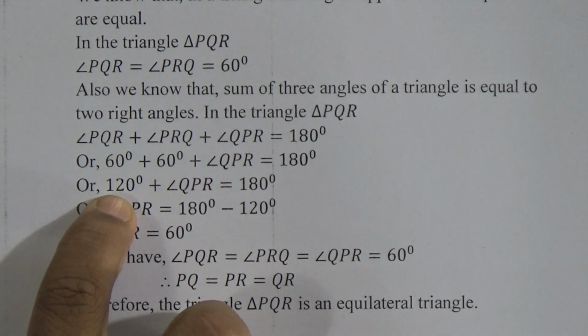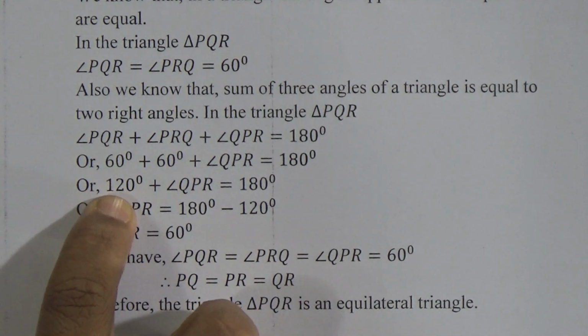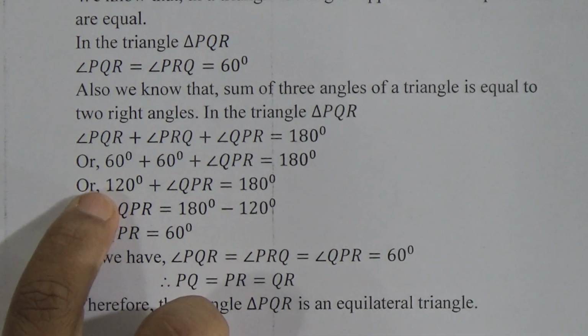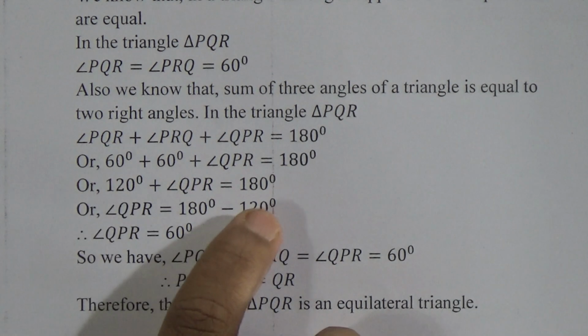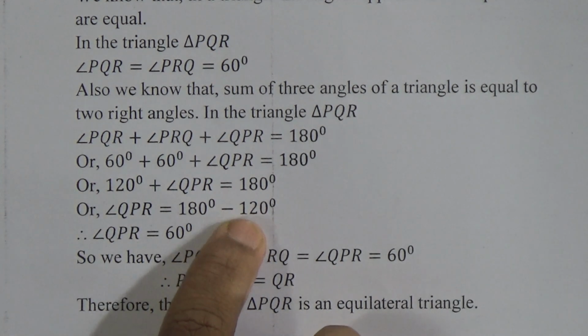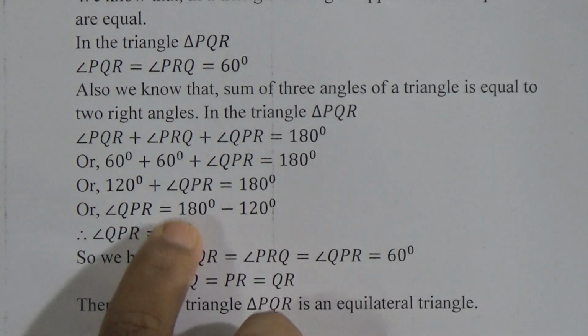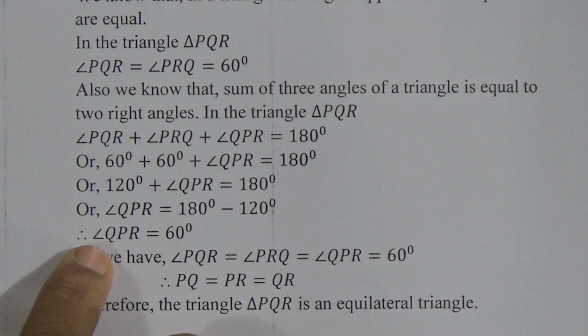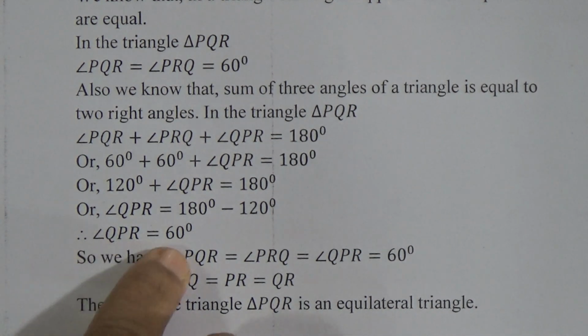If we transfer this 120 to the right side, we will get a minus sign before it, because it had a plus sign. Now we subtract 120 from 180, we get 60. So the value of angle QPR is also 60 degree.